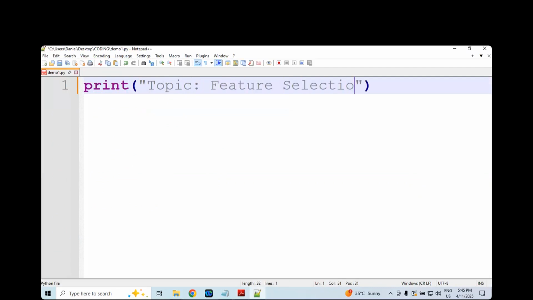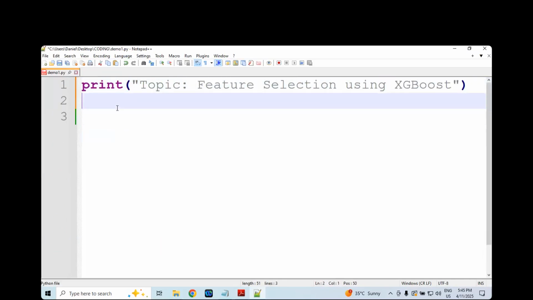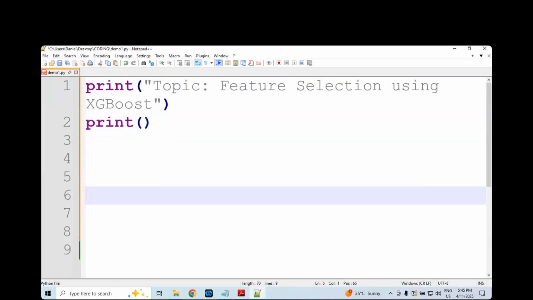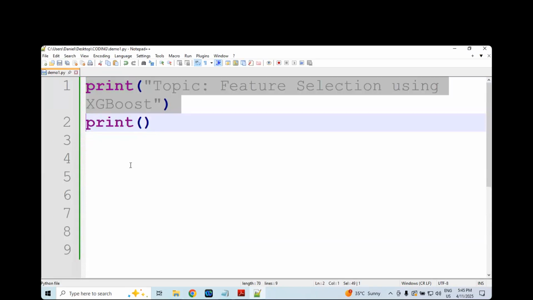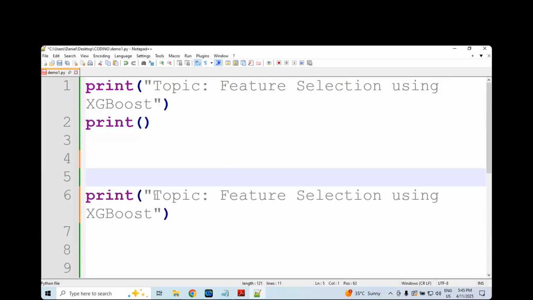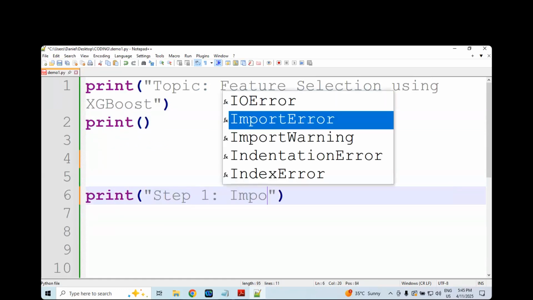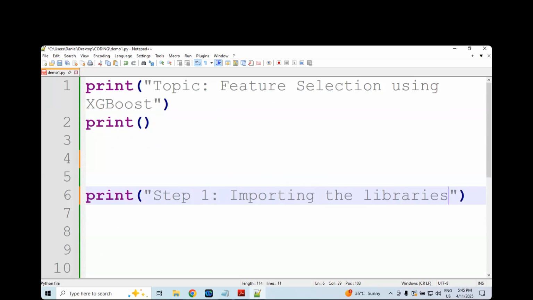Feature selection using XGBoost. Step number 1: importing the libraries.